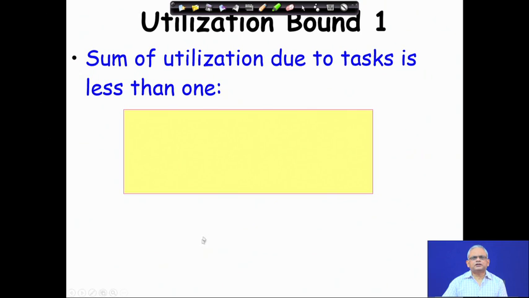The first result, available since a long time, 1971 I think, is called the utilization bound one.